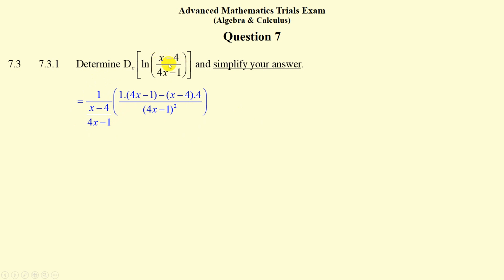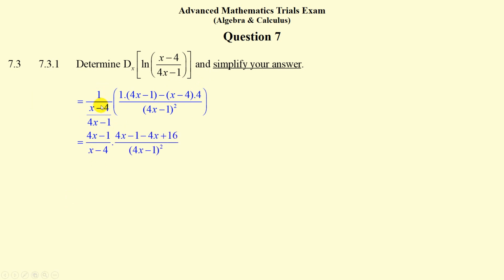This one, the inside function, we differentiate by quotient rule. Derivative of the top, 1, times the bottom, 4x minus 1, minus the top, x minus 4, times derivative of the bottom, 4, all over the denominator squared. Now this dividing here means we can invert it.